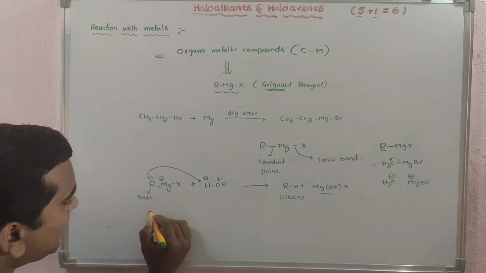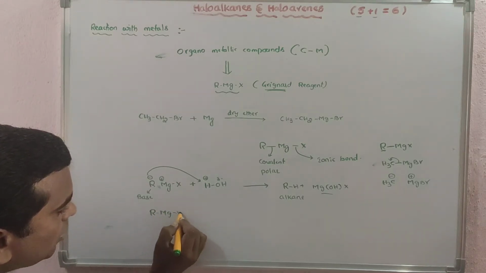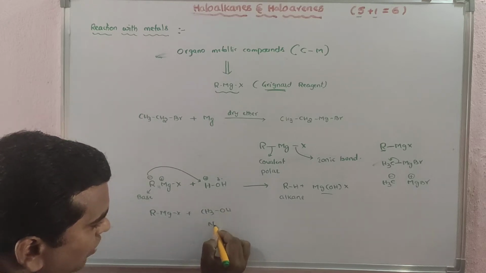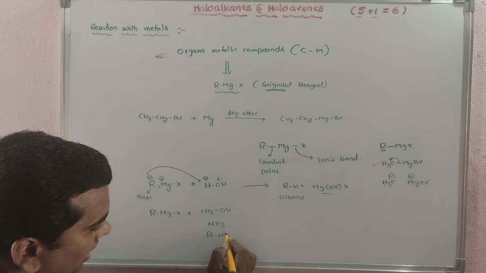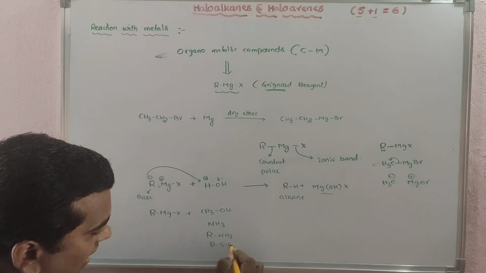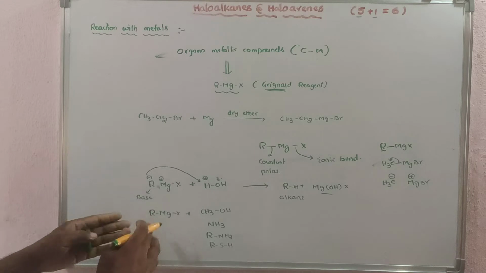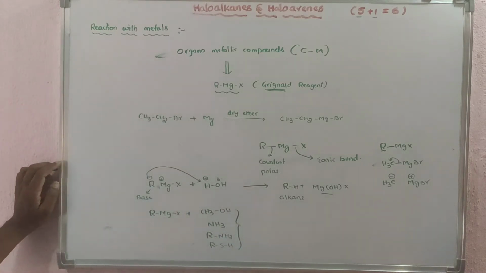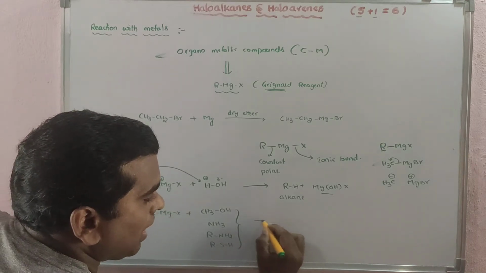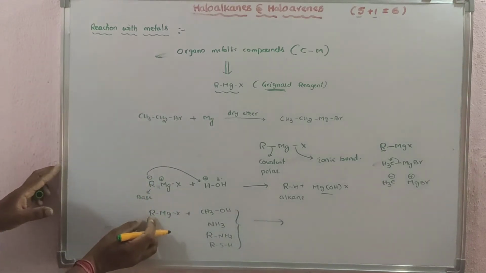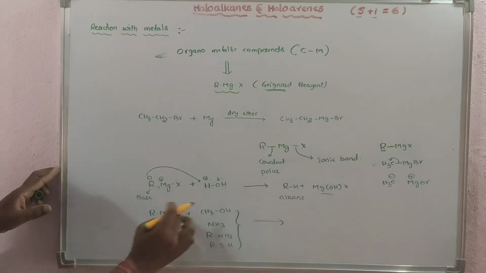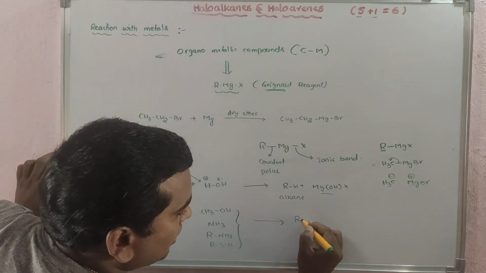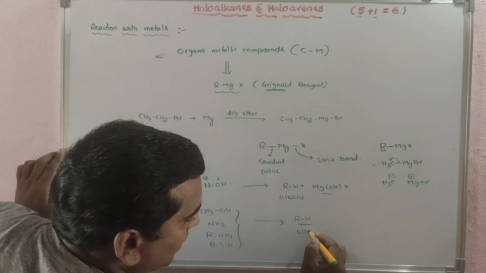Suppose I take RMgX, not only with water; you can write CH3OH, NH3, RNH2, RSH, all these. When it reacts with these, which are all proton source compounds that can donate a proton, R minus donates a pair of electrons to the H plus ion and is converted into RH, an alkane.